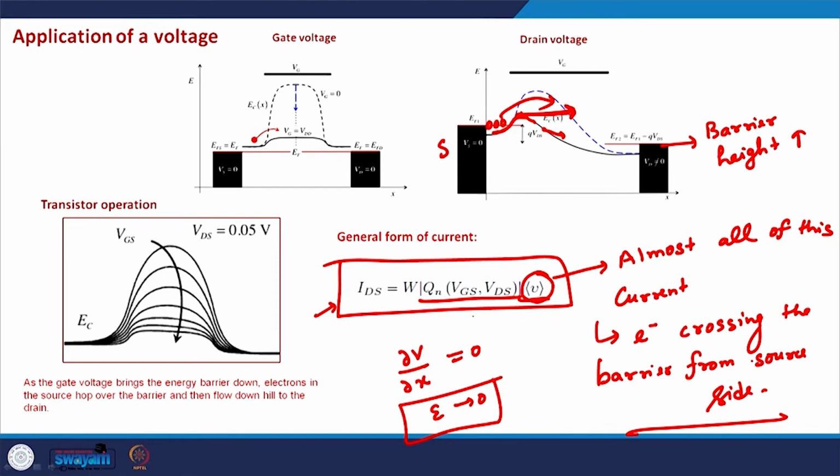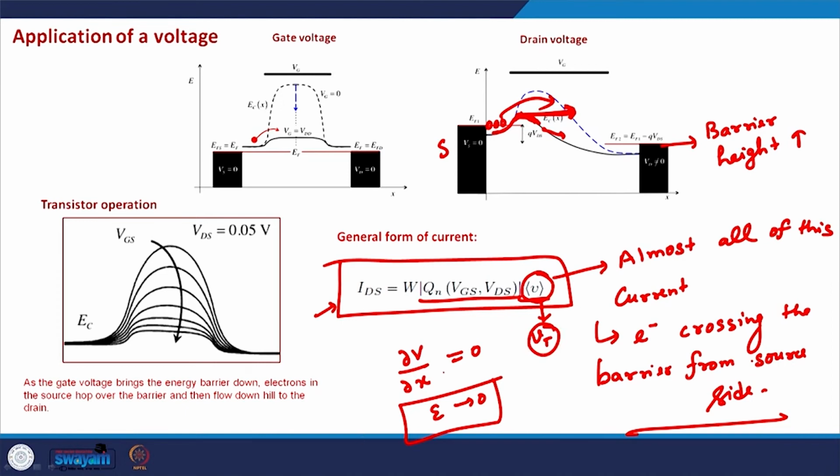So in a way, the limiting factor in current is the velocity at the top of the barrier in the channel, because at all other points the velocity is almost always more than the velocity of electrons at the top of the barrier. That is why in most cases, instead of this average velocity, we generally use the Vt term to calculate the current in a MOSFET.